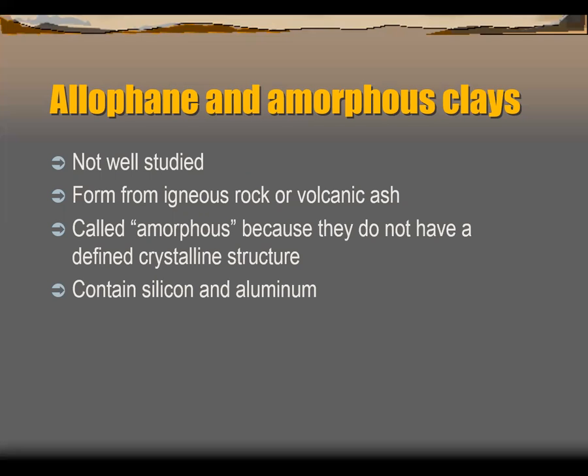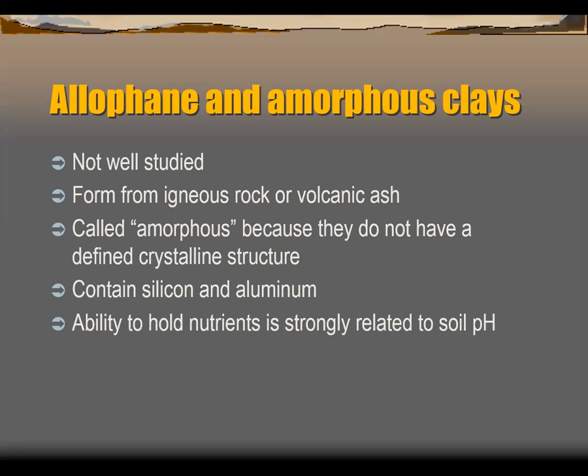They're primarily composed of silicon and aluminum. So again, a lot of these clays have the basic elements in common. How they're arranged and their properties are going to differ. And allophane and imogolite are the most common forms. And again, like the iron and aluminum oxide clays, they don't have what we call isomorphous substitution.